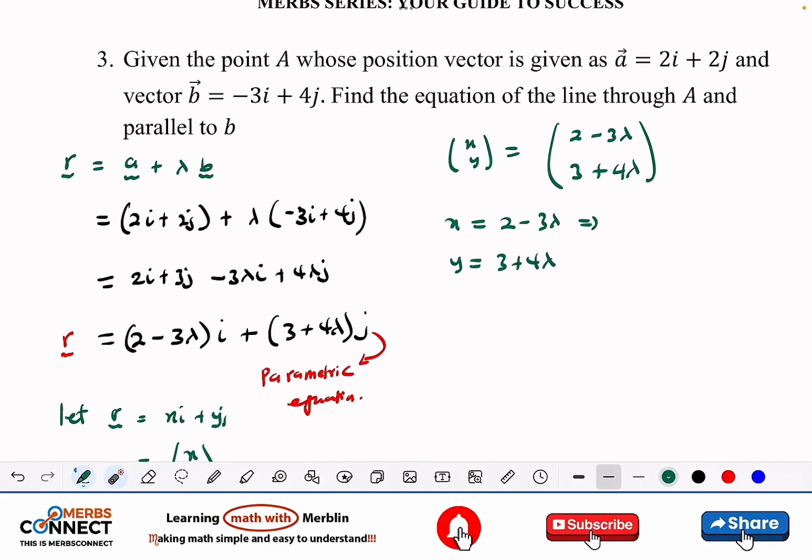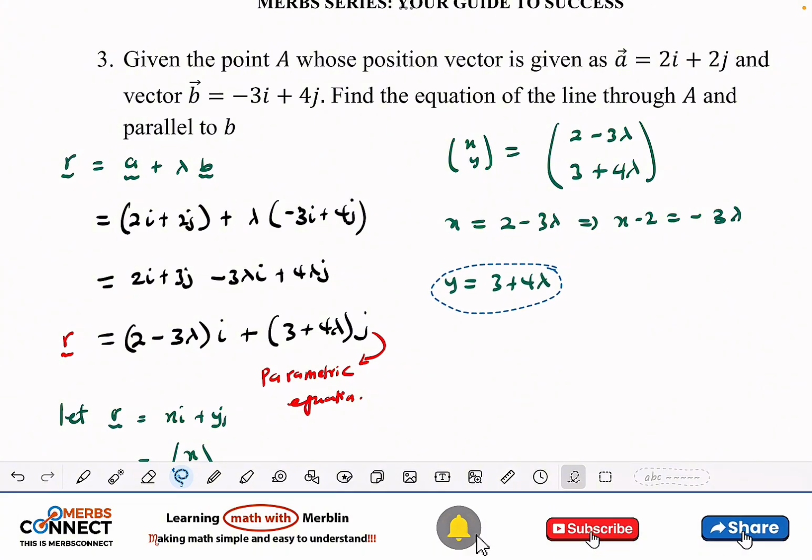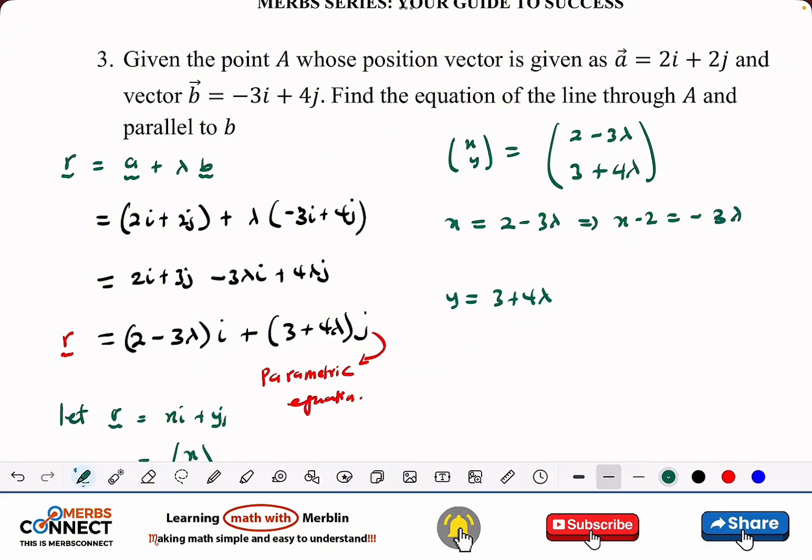So what I'm going to do here is move the 2 to the left. So I'm going to have x minus 2 is equal to minus 3 lambda, right? And then finally, I'm going to write this one as lambda is equal to x minus 2 divided by minus 3.